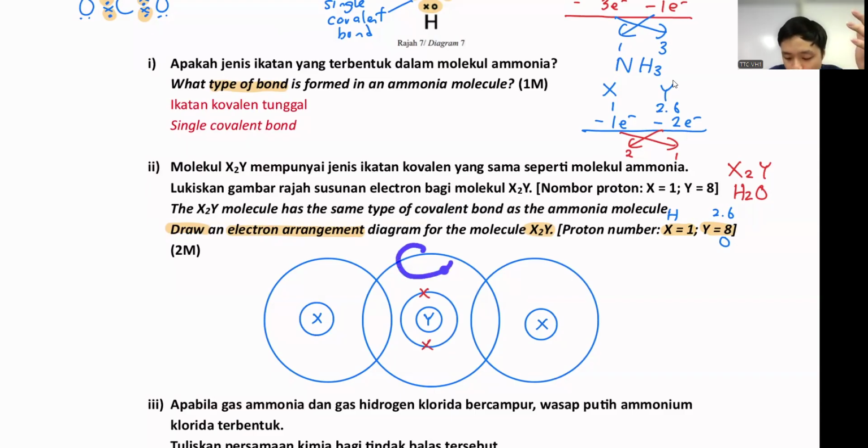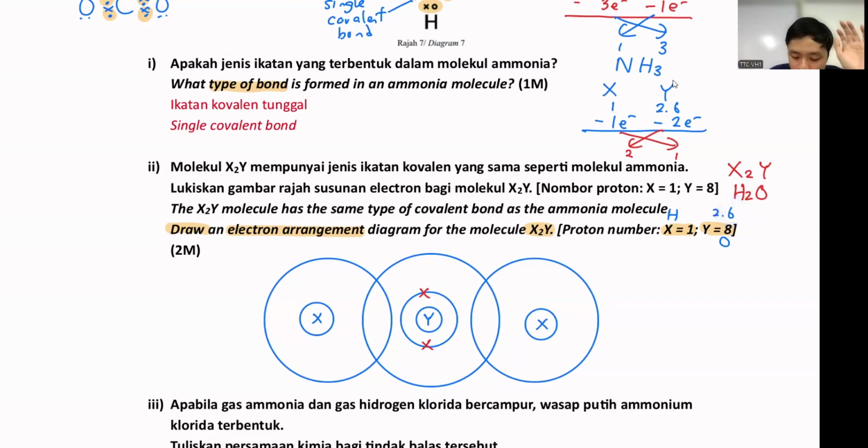Okay, but you don't draw here, because, okay, sorry, you have to draw here. You calculate first. Draw carefully. Sometimes outside is empty. Sometimes in this case, you got electrons, because you can count 6 valence electrons.